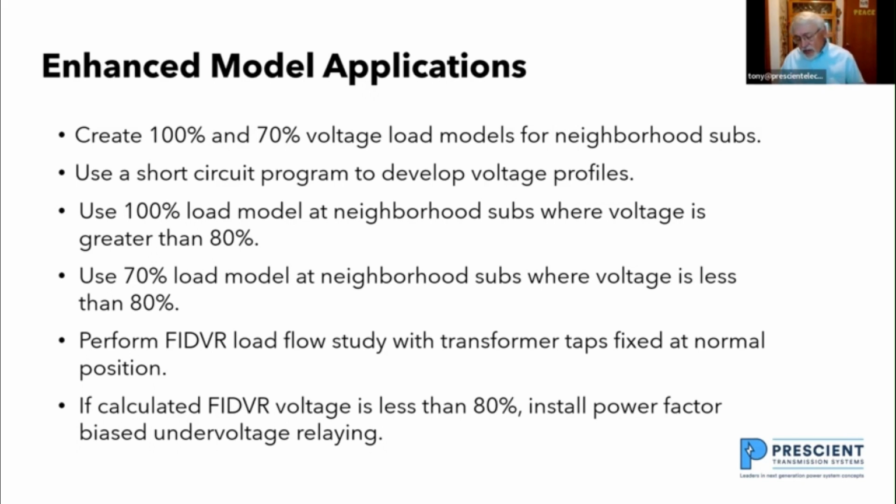I think that you need under voltage tripping as well as under frequency tripping, but we think you have to bias the under voltage tripping by the power factor of the load on the system. If the power factor is unity, I don't have motors accelerating and I get a marginal improvement when I shed load.